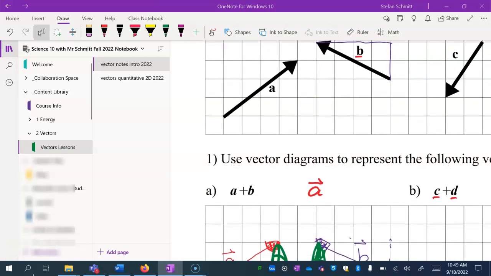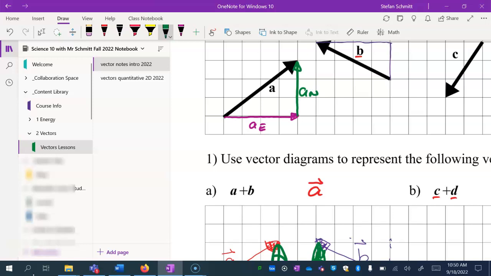To do that, I suggested counting the squares. You must travel 4 squares in the east direction, and you must move 3 squares in the north direction. And if you gave someone those 2 values, they could reproduce this vector A.